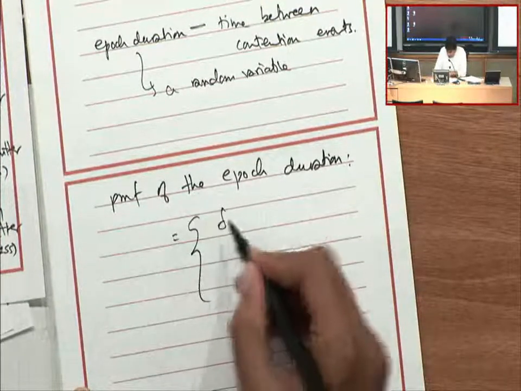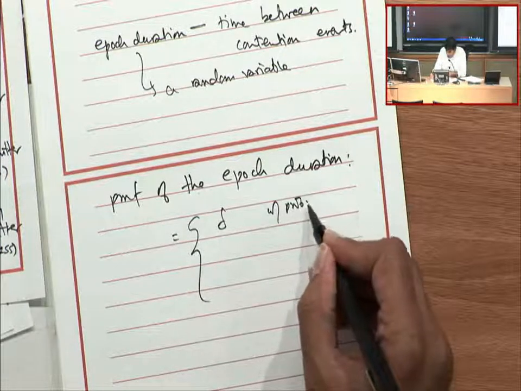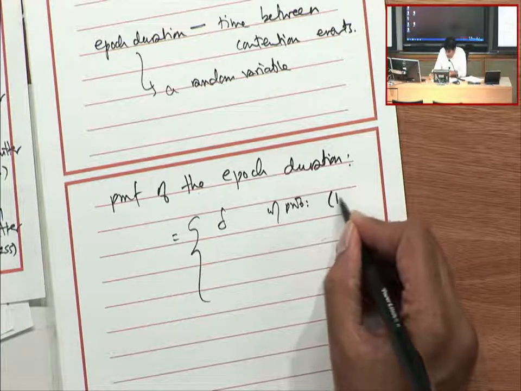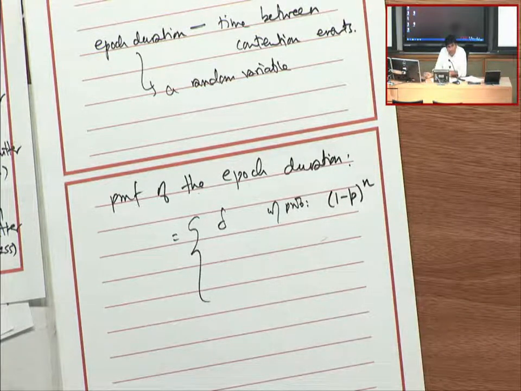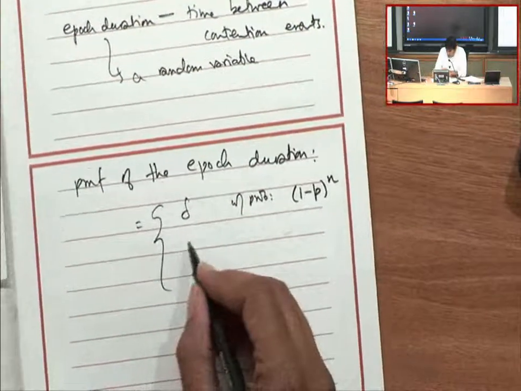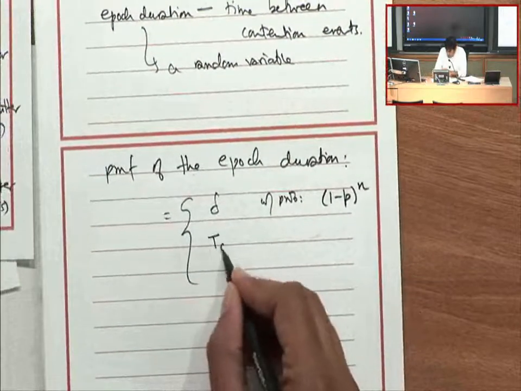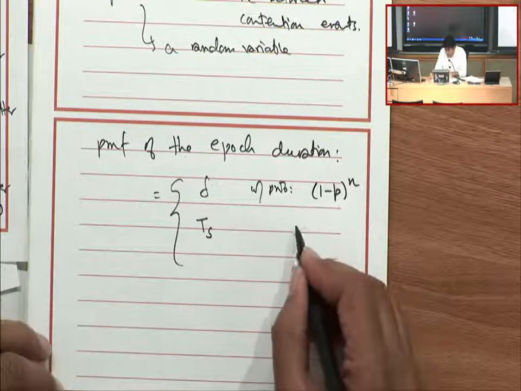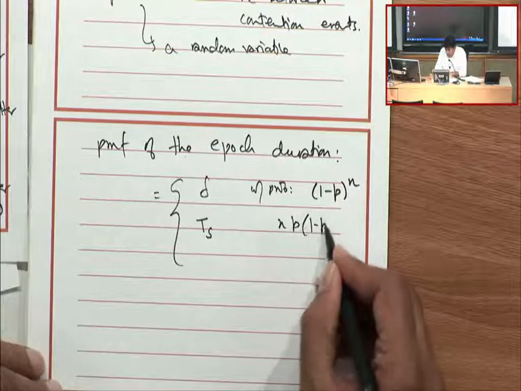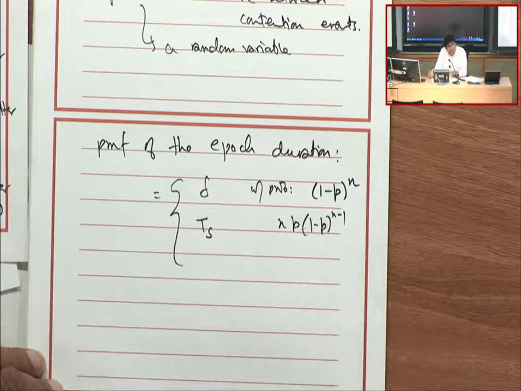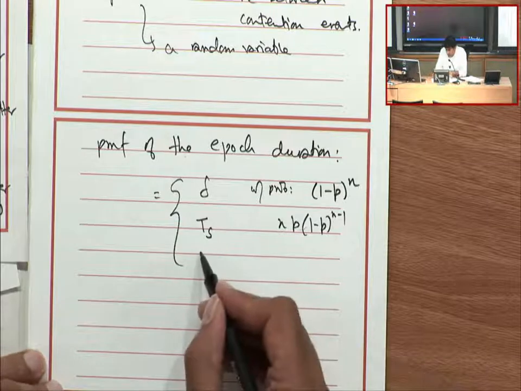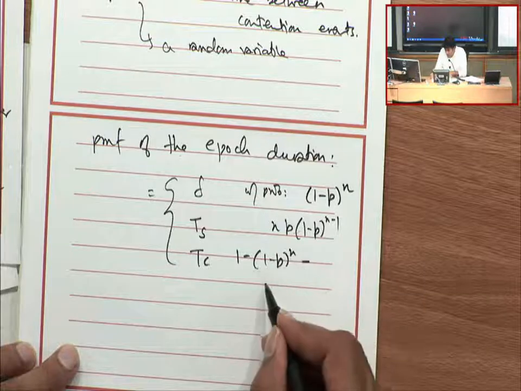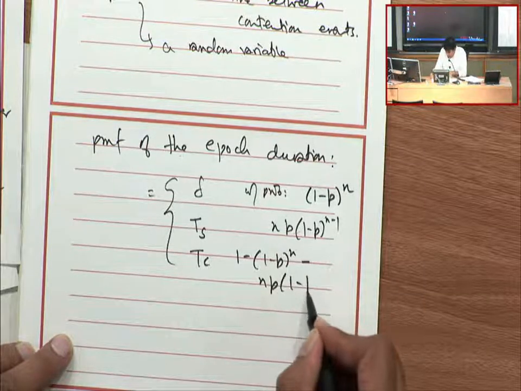It's equal to delta with probability that nobody transmitted, so that's (1 minus p) to the n. Let's do TS next because it's easier. Exactly one of them transmitted and the others did not, which happens with probability n times p times (1 minus p) to the n minus 1, similar to what we said about slotted aloha. And TC happens with the probability that's 1 minus (1 minus p) to the n minus np(1 minus p) to the n minus 1.